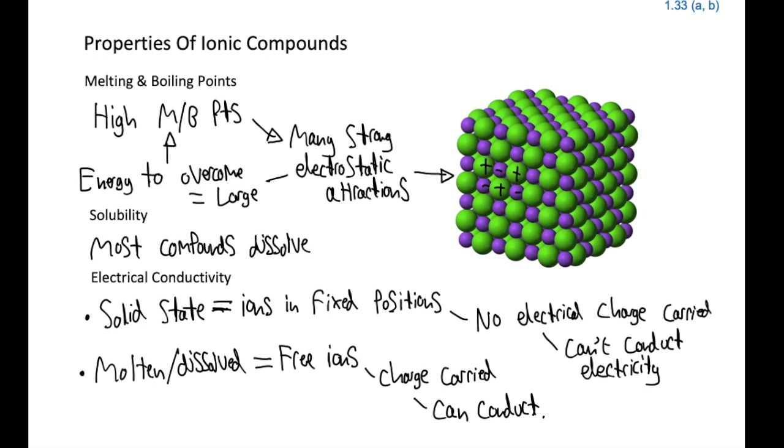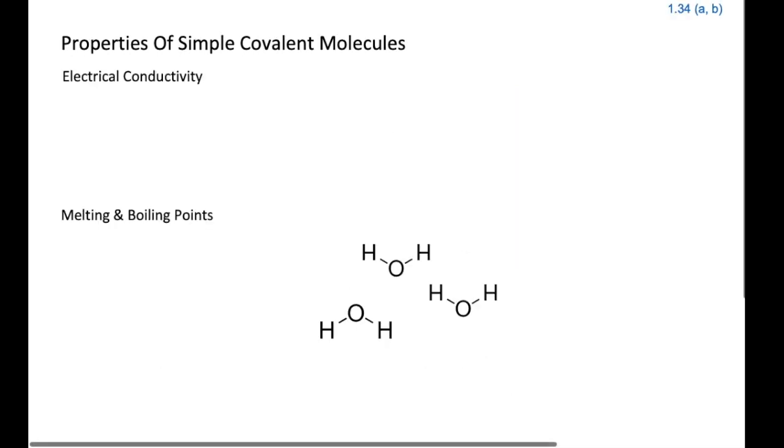So those are some general physical properties for ionic compounds. If we go into simple molecules, we can run through some properties in a similar way.